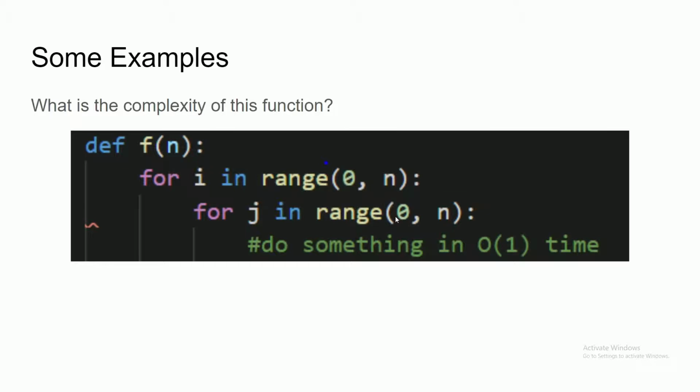So both of these loops run n times, but since it's a nested loop, this inner loop is going to run n times for every one iteration that the outer loop runs. So when we're analyzing complexity, when we're trying to determine the approximate runtime, we're going to be asking how many times does whatever is inside this inner loop run? How many times does this block of code run?